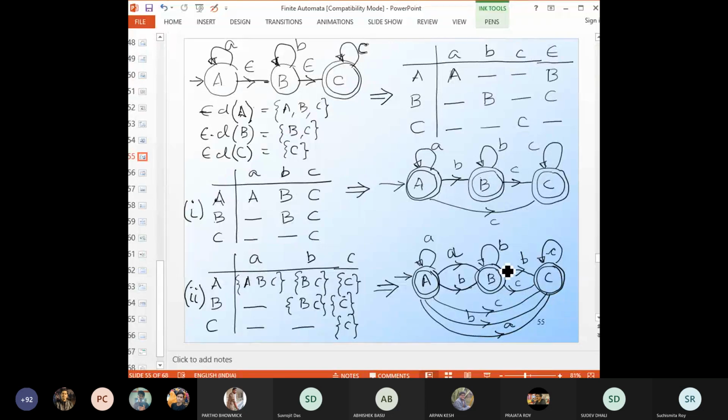What do you think? Please tell me. I'll leave it to you. I'll give you a minute or two. Tell me whether it is accepting the same strings as the other two NFAs, or is it accepting a different class of strings? Can you find any string which the previous NFA was not accepting, which this NFA is accepting?